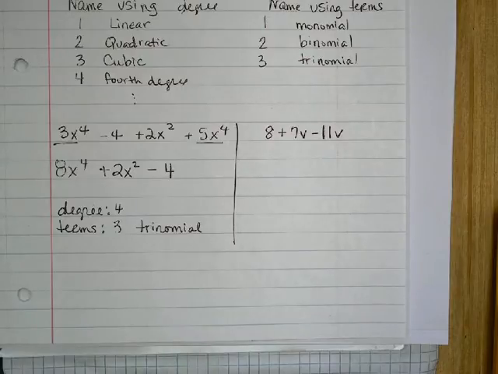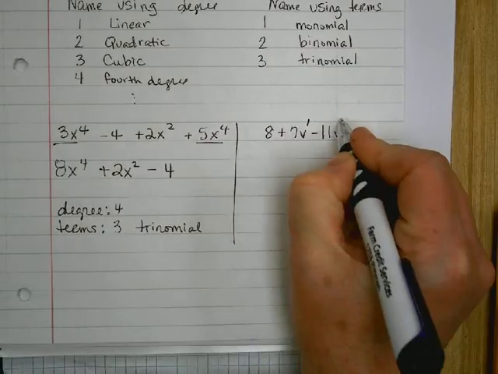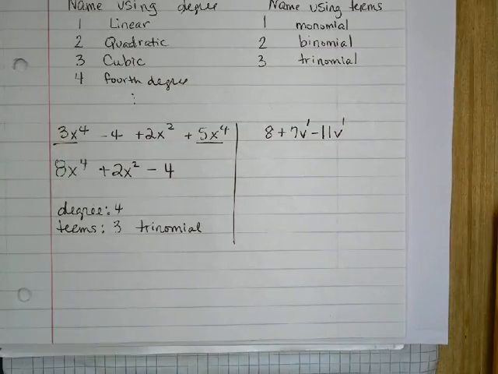What do you start with here? You need to start with the highest exponent of v. Well, I don't really see an exponent on v. What does that mean when you don't see an exponent? That means there's a 1 there. You need to combine those. What's 7 plus negative 11?